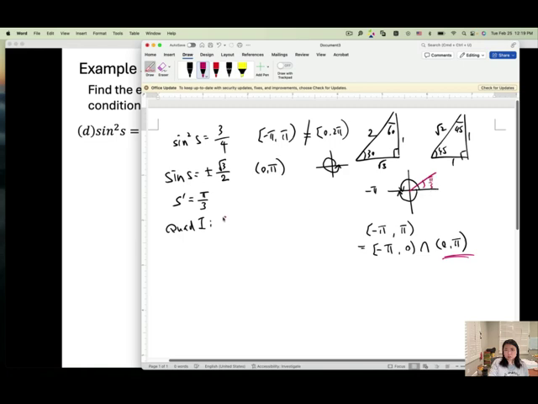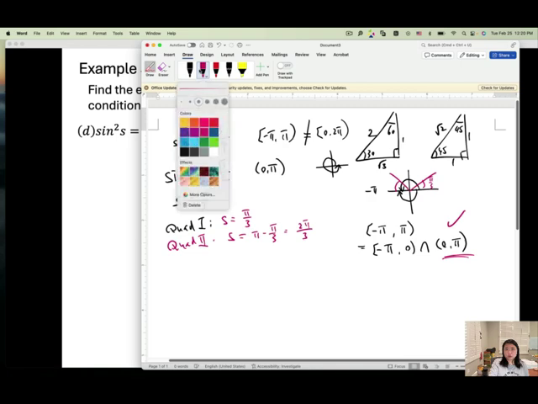So just s equal to pi over 3. And then quadrant 2, talking about like here, right? So we have pi minus pi over 3, which is going to be 2 pi over 3. So we are good on this part.